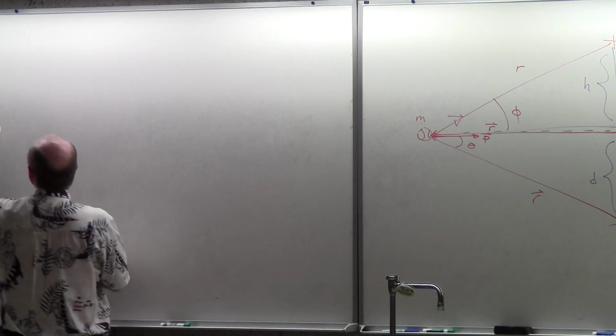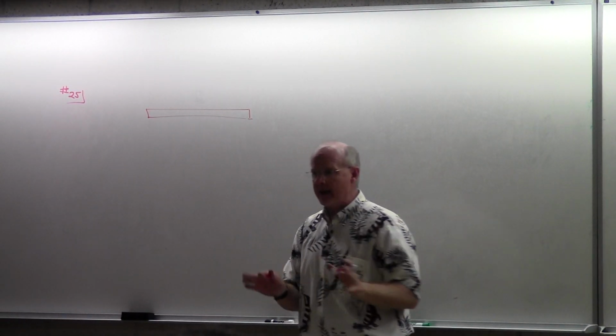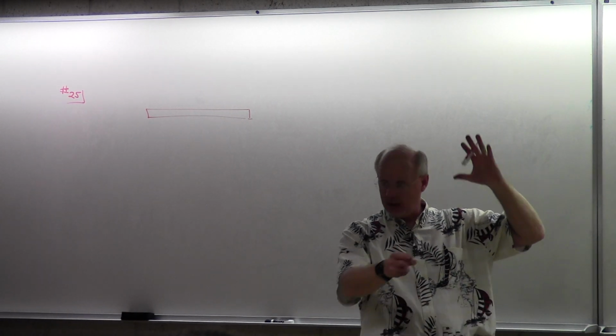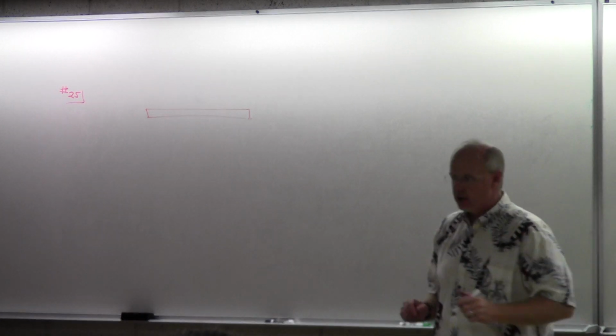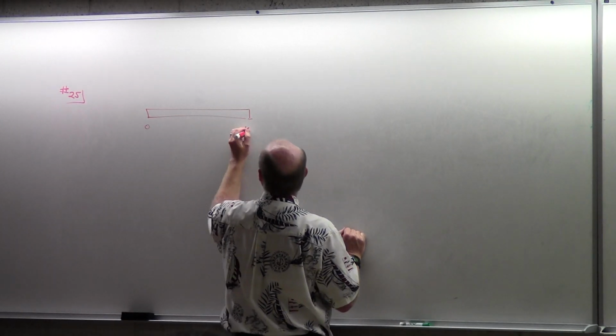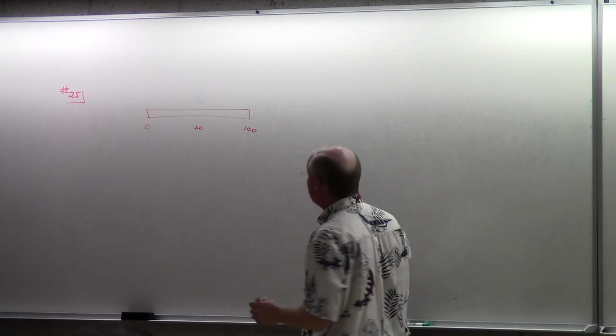Okay? So again, same as before, read it all the way through, get a good gist of what's going on here. It says there's some kind of meter stick, okay, so there's a meter stick lying on a table that is frictionless. So take the whiteboard as being the table, you're up in the ceiling looking down on it. There's my meter stick. The meter stick obviously has one end labeled as 0, the other end labeled 100, the middle labeled 50.